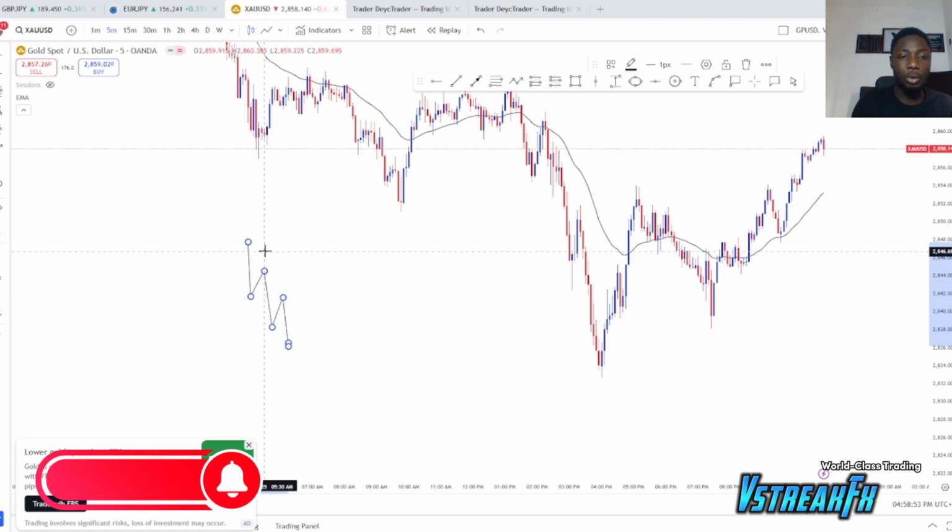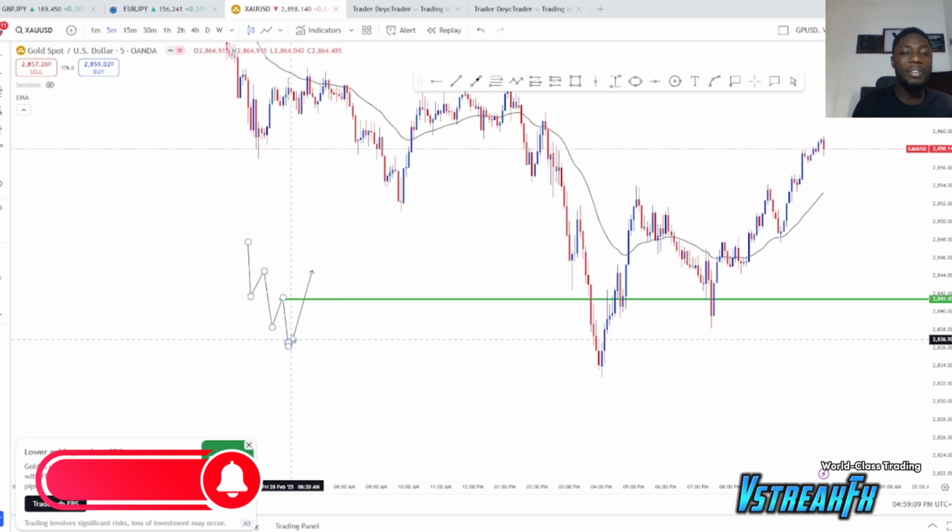We have a lower low, lower high here, a new lower low, a new lower high, and that's how you can actually trade it. Before we can actually have an uptrend, this previous lower high must be broken before we have a new creation of a high that can become what? A higher high to push the upside.